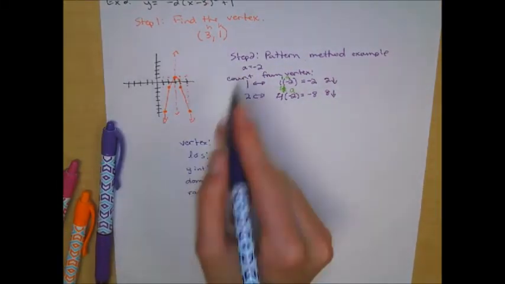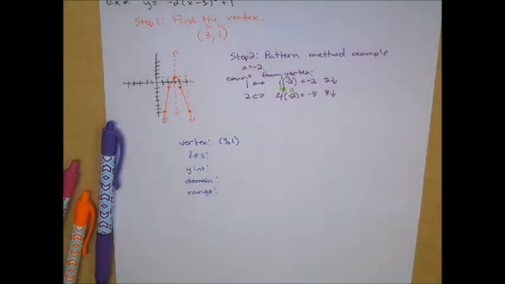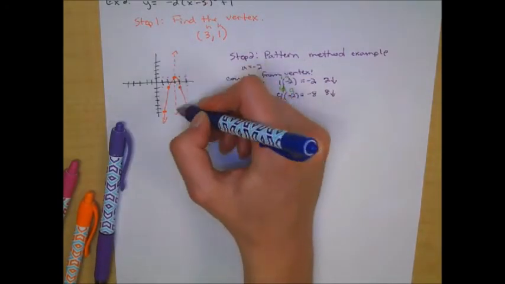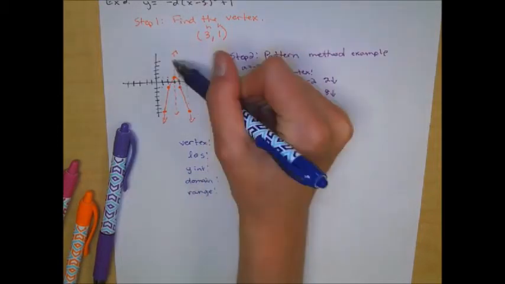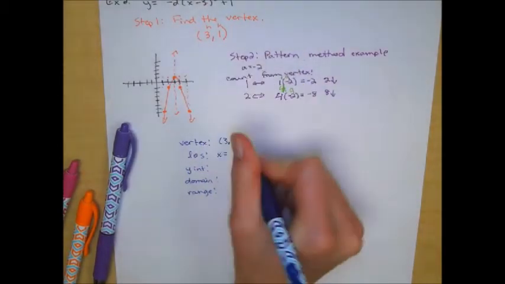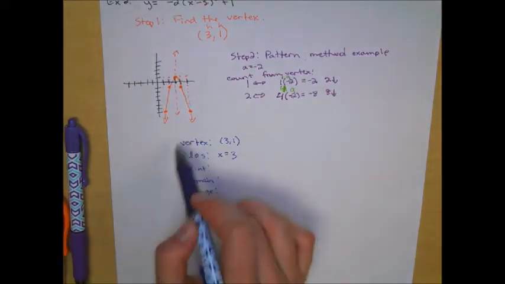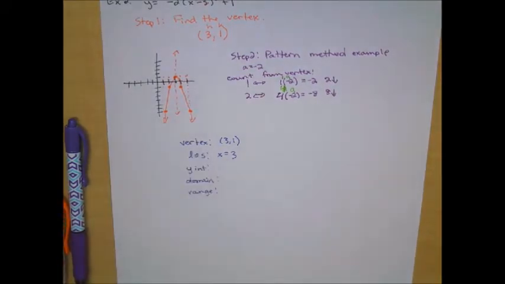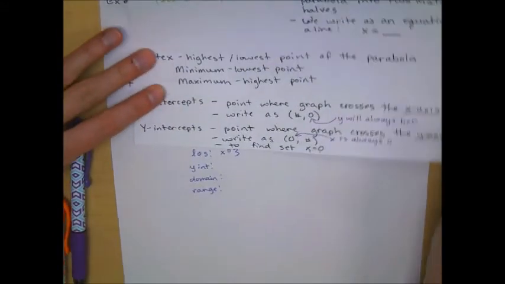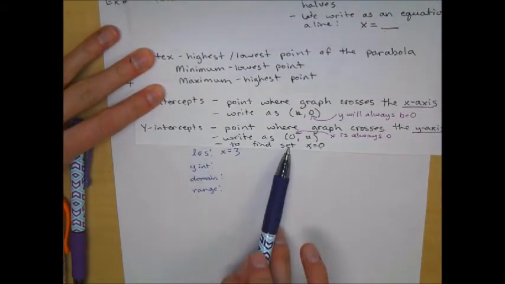Well, our vertex is 3, 1. Our line of symmetry is x equals, it's going through x equals 3. Y-intercept, I can't tell what it is. So let's look back. How do we find the y-intercept? So let's look at our words. Y-intercept, set x equal to 0.